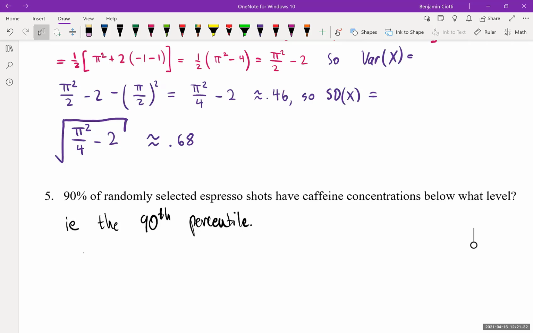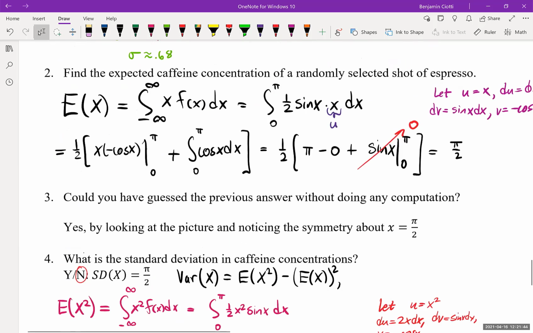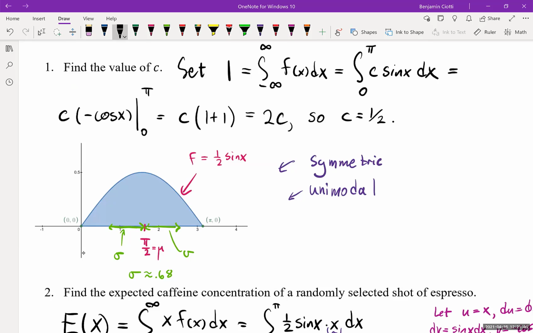So let's see, can someone who has not yet offered an answer volunteer how we could find the 90th percentile? We want the number, let's see, it'll probably be right around here, such that 90% of the area lies to the left.